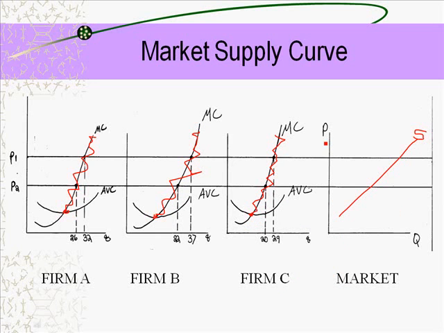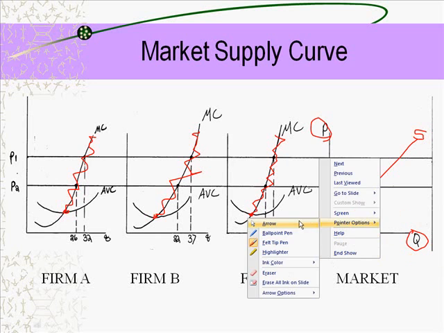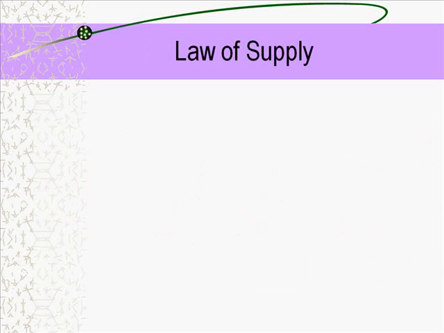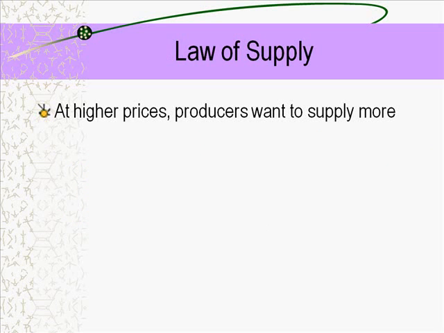So note that we're still using price and quantity as our labels, and we have a supply curve. The supply curve is upward sloping and to the right because at higher prices, producers are willing to supply more.